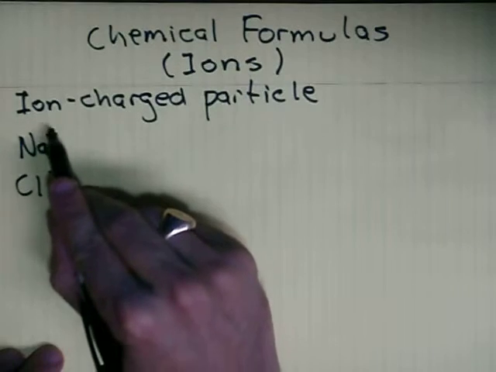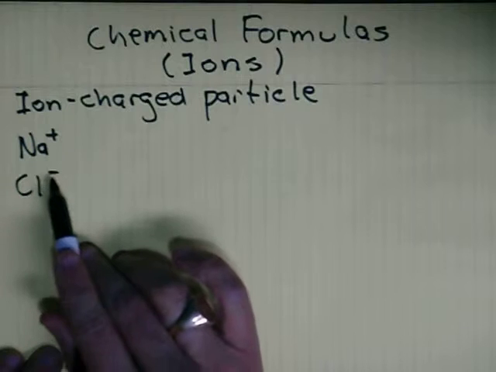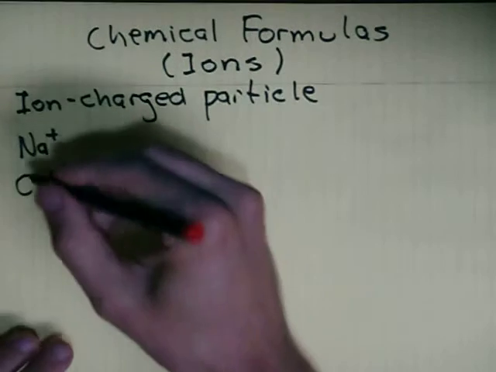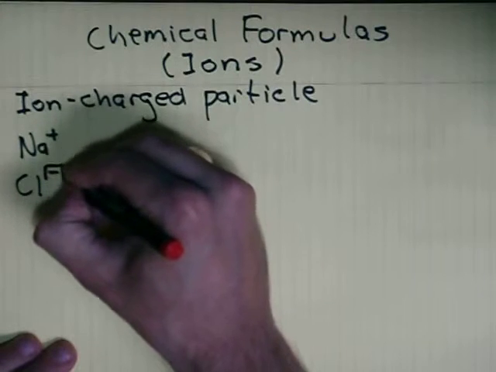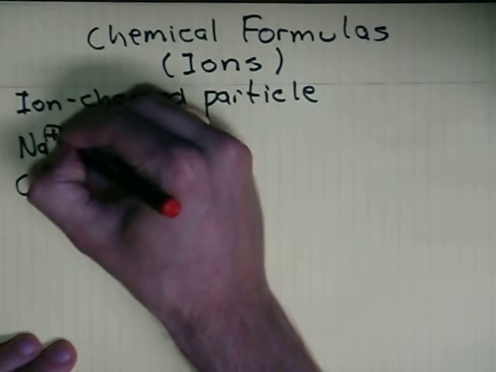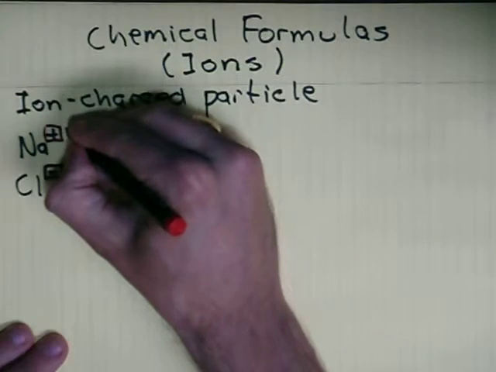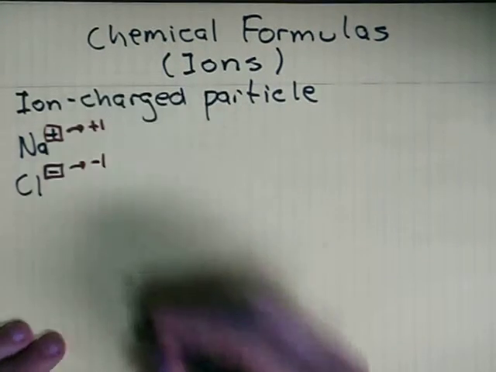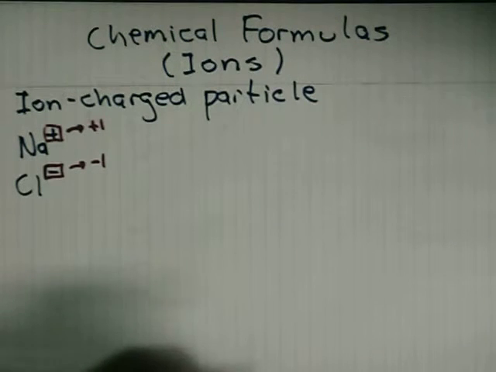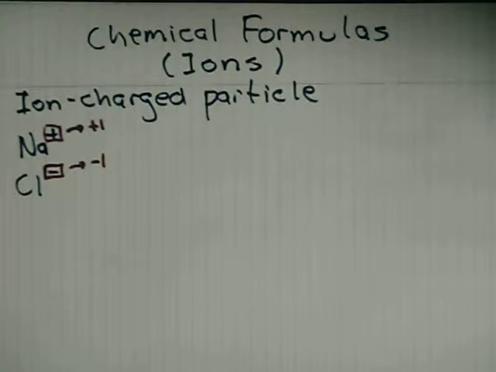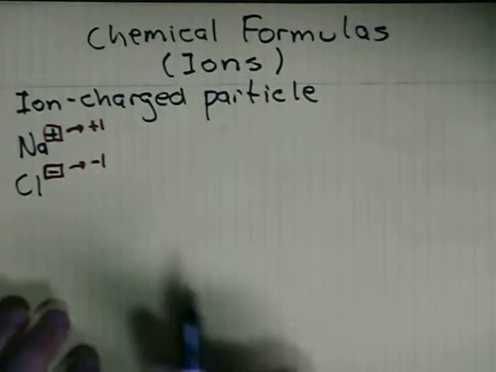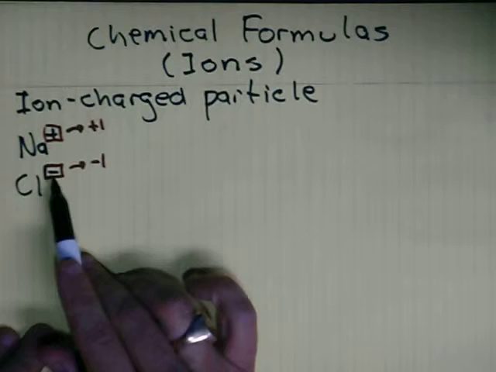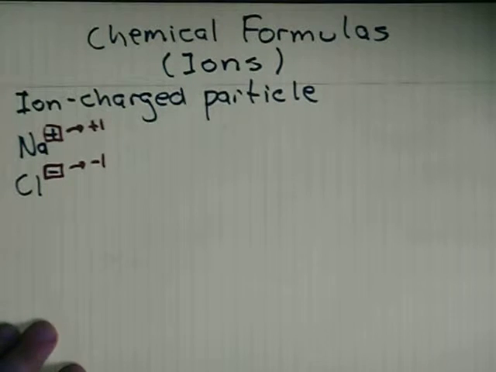You notice the plus is in the top right corner, the negative is in the top right corner. This plus indicates that sodium has a +1 charge. This negative indicates that chloride, which is the ion, has a -1 charge.